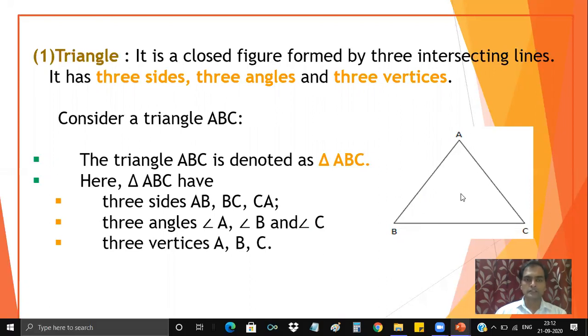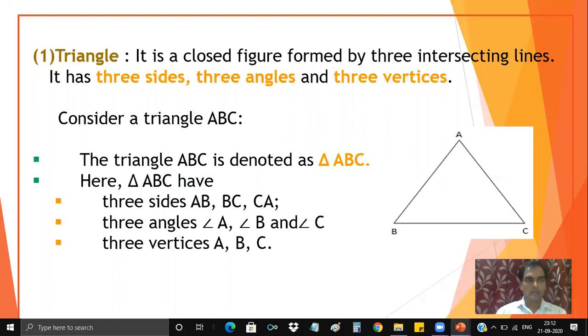Example is shown here, triangle ABC. It has three sides, AB, BC and CA, three angles, angle A, angle B and angle C, and three vertices A, B, and C.